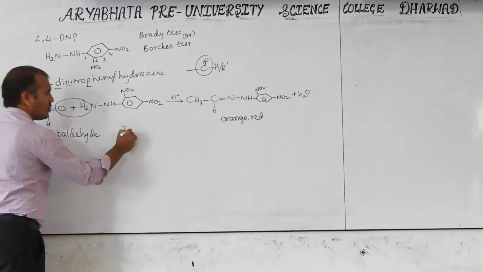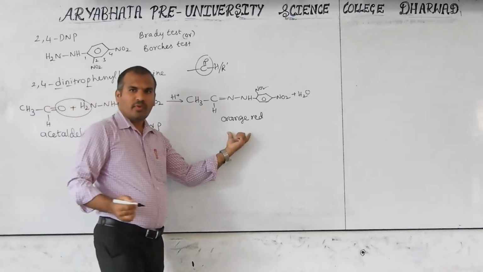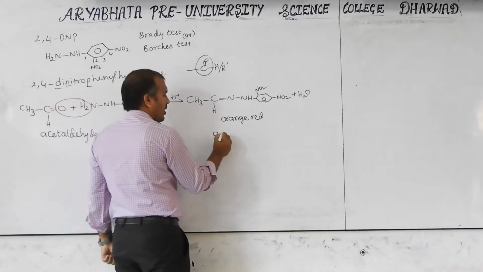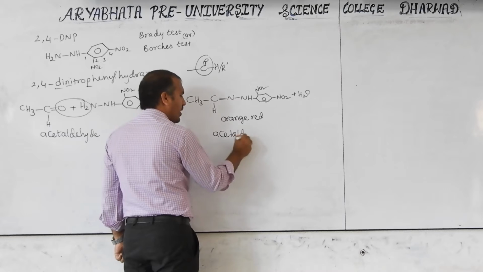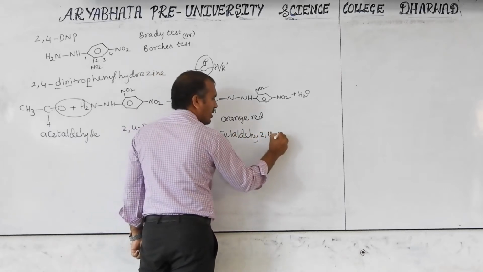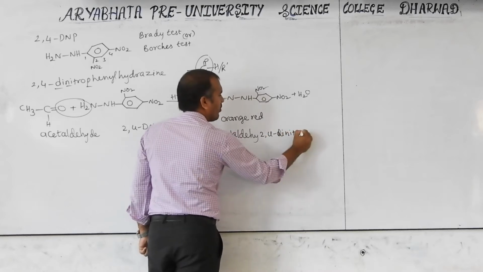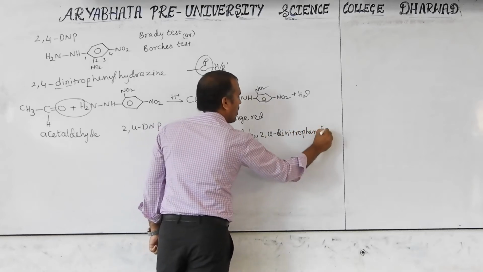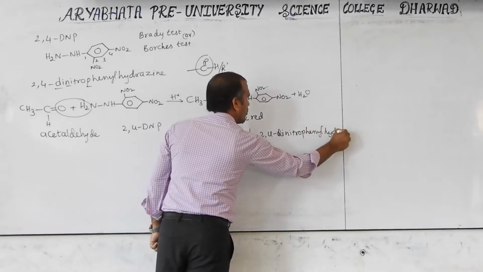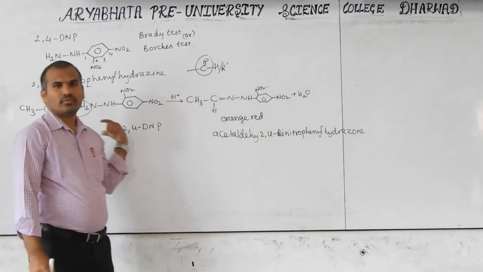This is 2,4-DNP. Then what is the name of this compound? Acetaldehyde 2,4-dinitrophenylhydrazone.